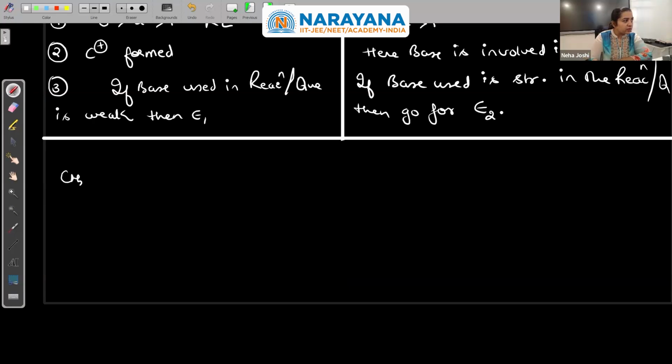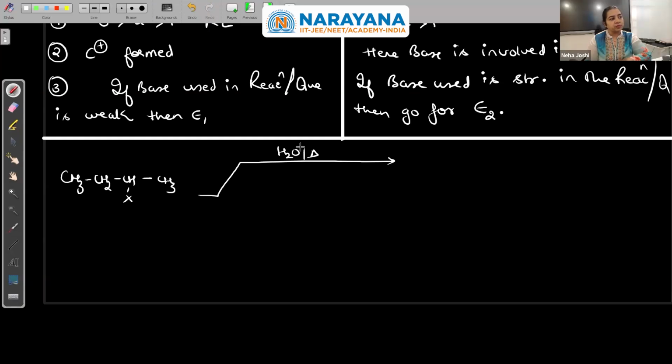If I have CH3CH2CHXCH3, and I'm given, say, H2O or heat, the base is very poor. It is a case of solvolysis. So the major product is alcohol. But if some elimination takes place, it will be a combination of E1 and SN1.